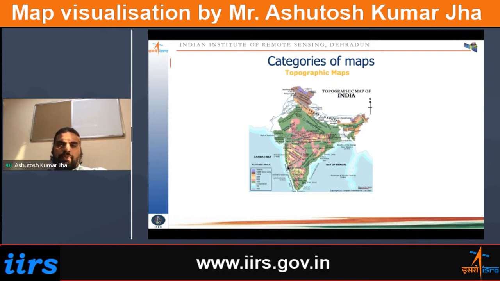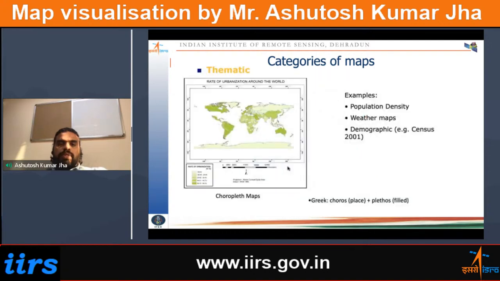That's the topographic maps. In the case of thematic maps, what happens is that you would like to provide information about a particular theme. Like in this case, we are seeing population density country-wise, and this basically shows the urbanization which has occurred in different countries.